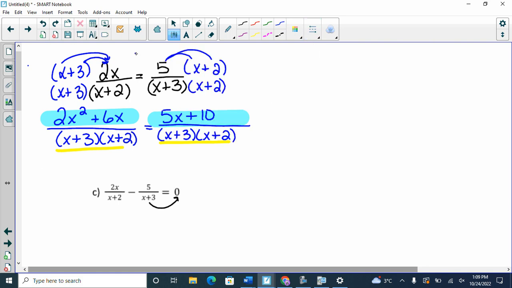So now I have 2x squared plus 6x equals 5x plus 10.